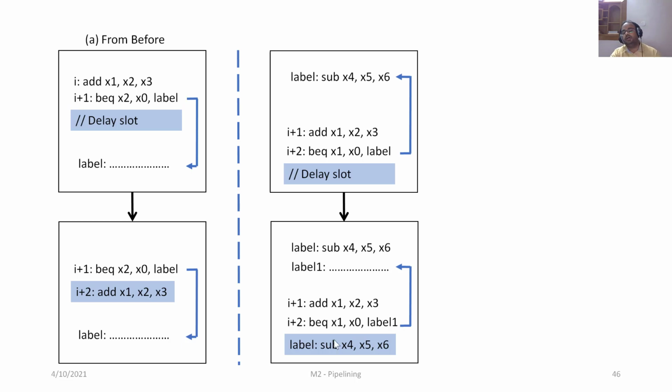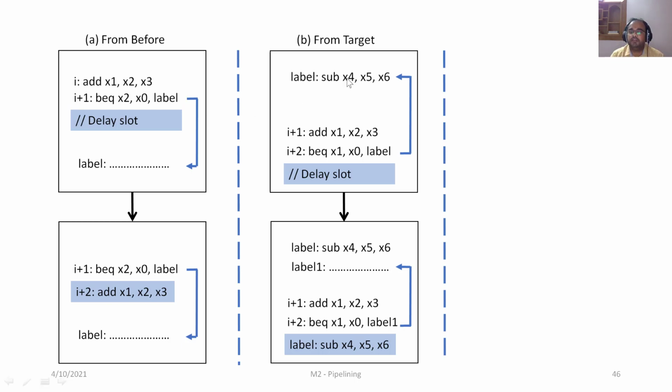Now, if you think about how it would work, it would most likely work when the branch is taken, meaning the backward branch is taken most of the time, right? In that case, what typically happens, let's say we are iterating n times, or let's say 10 times.